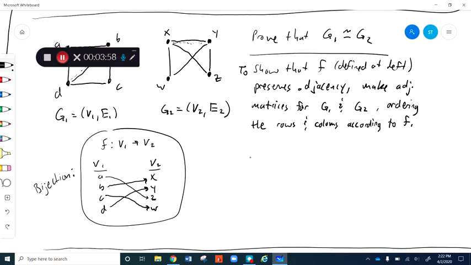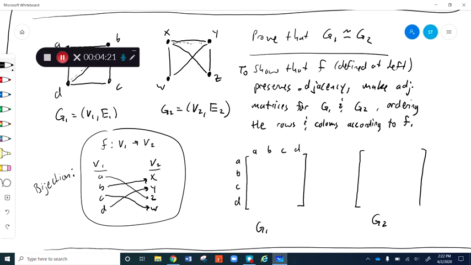So what I mean by that is if I make the matrix for G1 with my rows and columns in alphabetical order, A, B, C, D, then what I need to do for G2 is make sure that the rows and columns are ordered so that they correspond to the order of A, B, C, D.